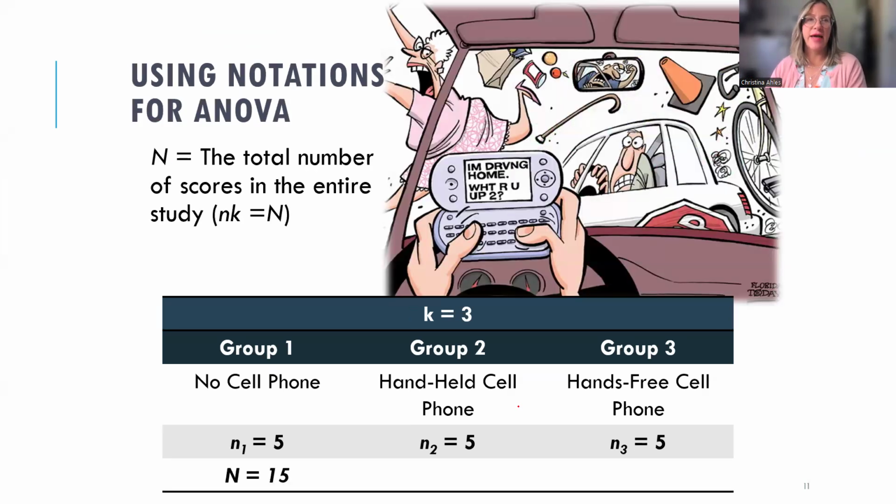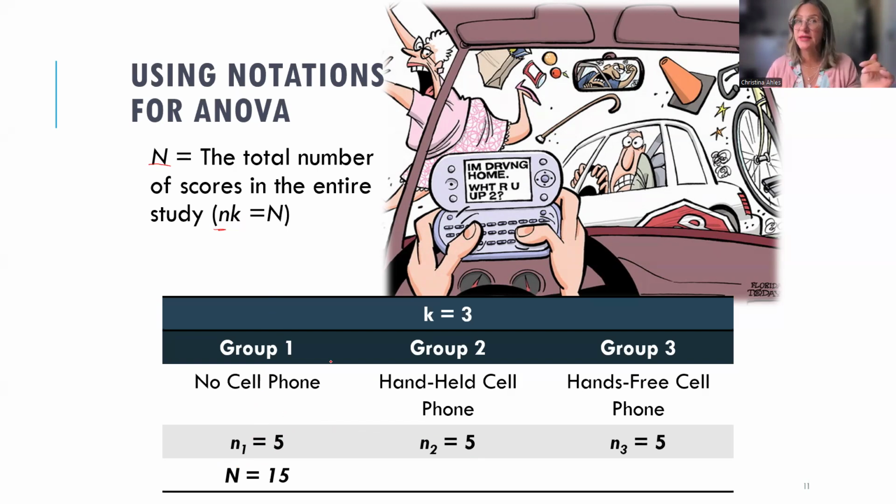Now we have that capital N, the total number of scores in the entire study. You can obtain that by counting all of the participants, all of the scores in the entire study, or if you know how many are in each group and it's equal sample size, multiply the number in each group times K. So lowercase n times K. We have 5 in each of these conditions, there are 3 conditions, 3 times 5 is 15.